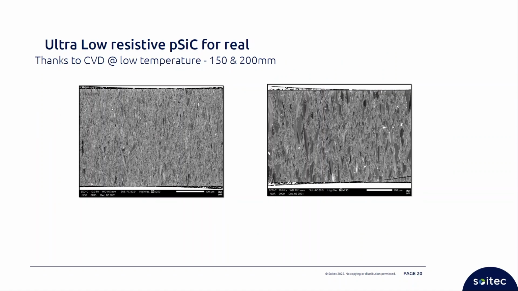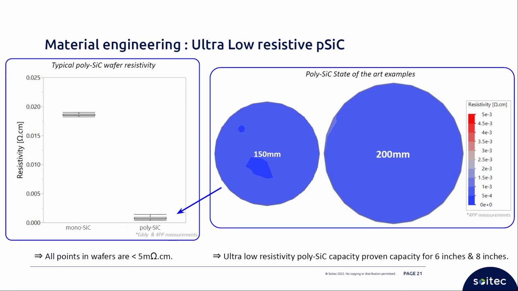Now we have the most stable potential CVD process at certain temperatures, on which we can prepare polySiC wafers, 6-inch and 8-inch. One of the key points is the electrical instability.